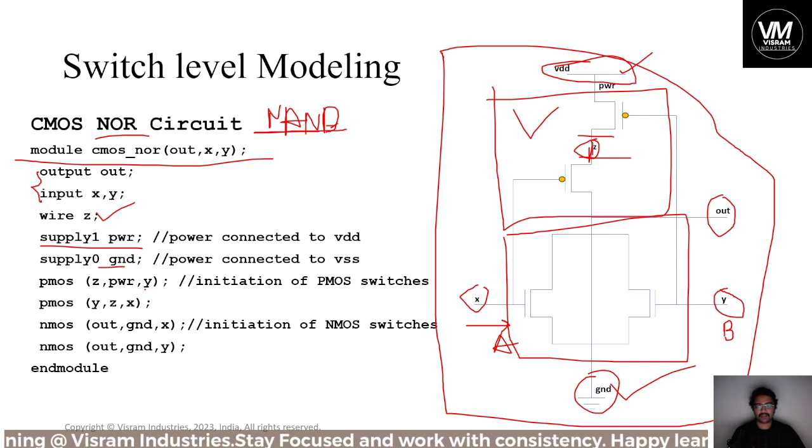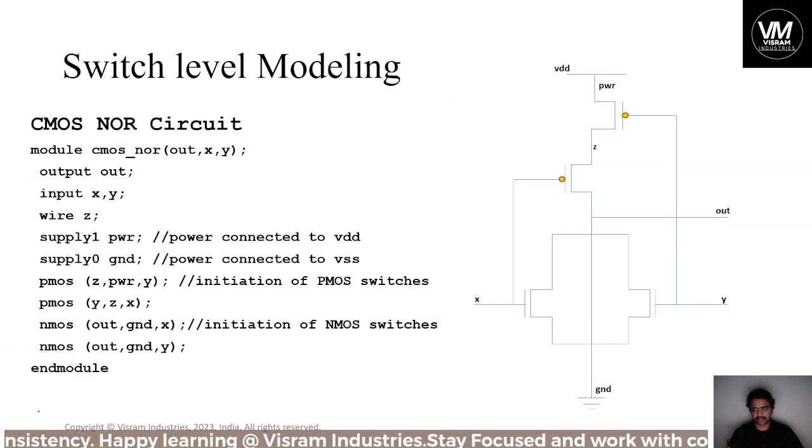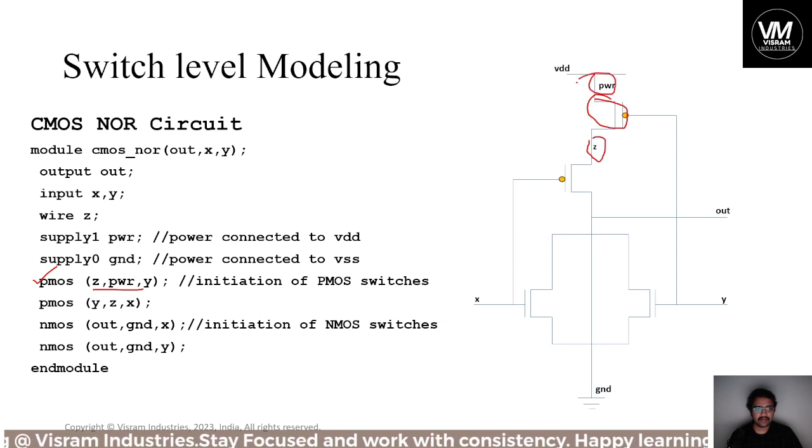And PMOS, first PMOS we have Z, power, y. Initiation, like this power, consider only this power. You have output z and power, and this PMOS is connected. I'll clear it out. Here we are considering the first PMOS represented as z, power and y. This PMOS is connected with z, power and y.